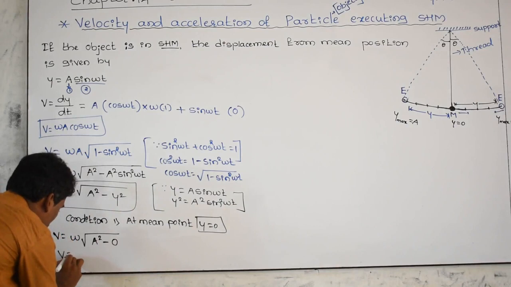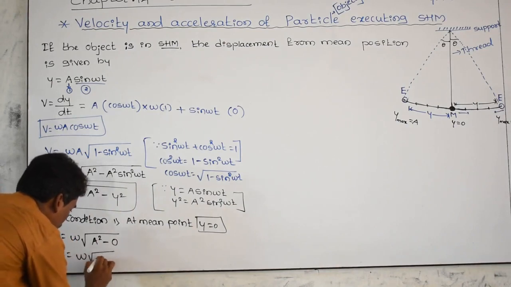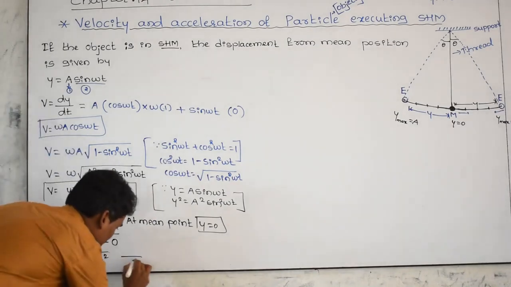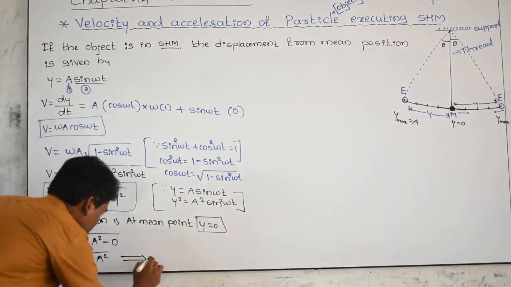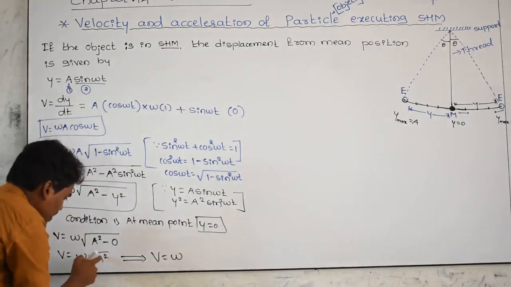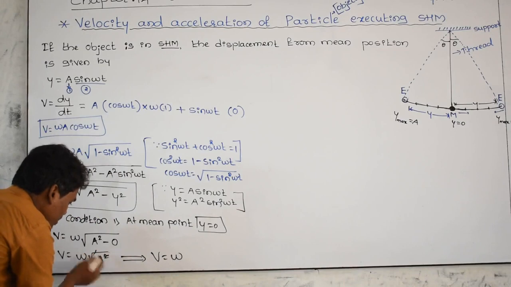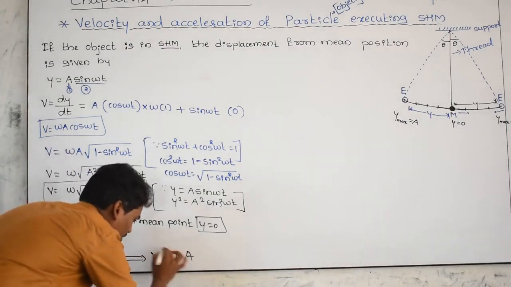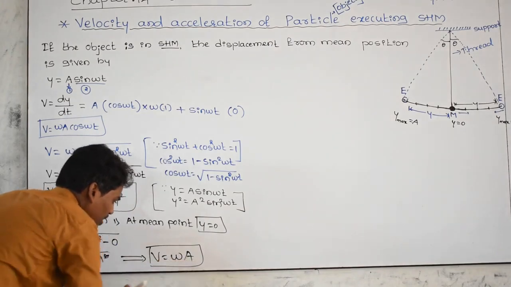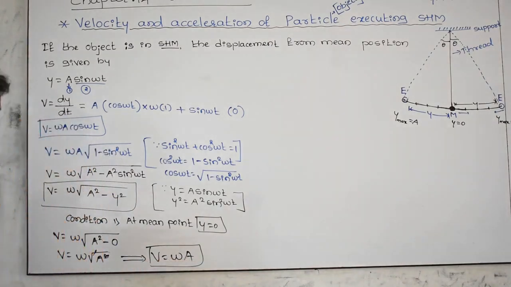Then v is equal to omega into root of a square. The square and root get cancelled and you get a. Angular velocity or angular frequency into amplitude, this is the velocity.